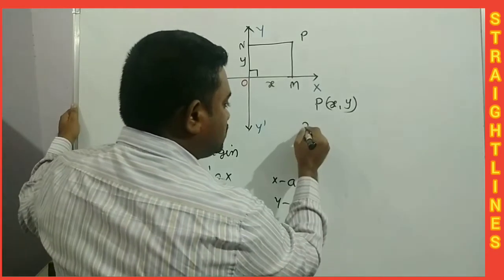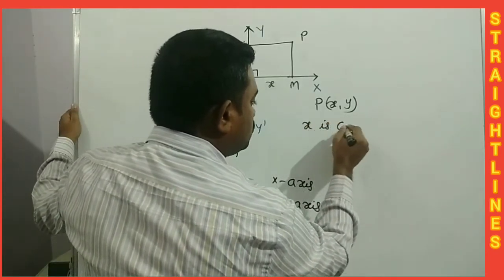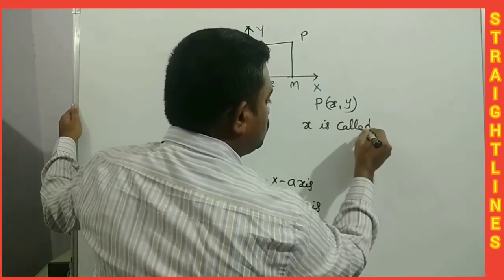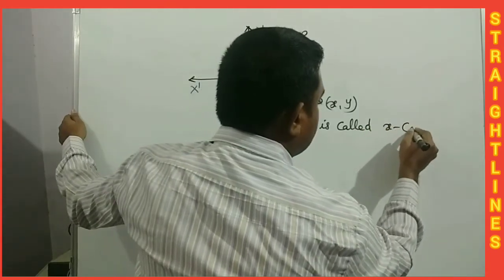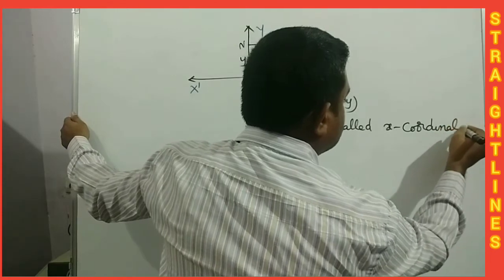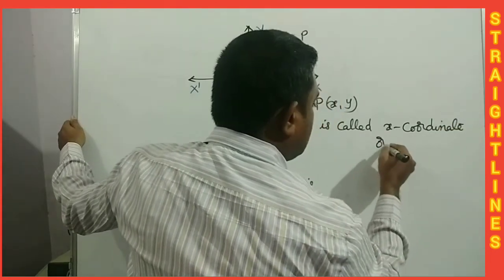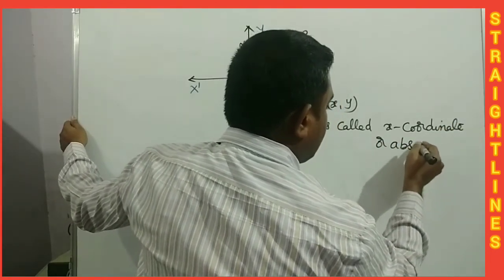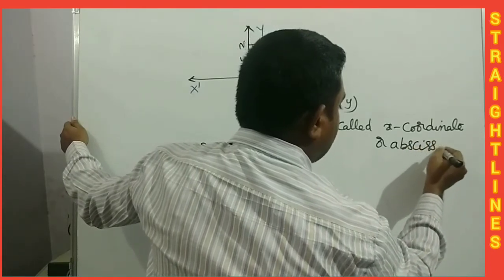Here x is called the x-coordinate, or abscissa.